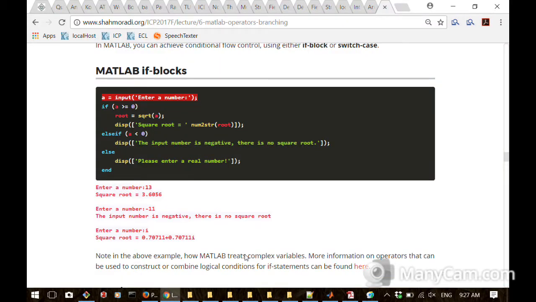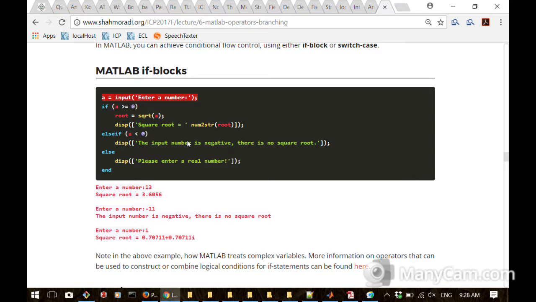Okay, so going back to this page. What this is asking you to do is to get a number from the user and then calculate its root, so it's a square root function.